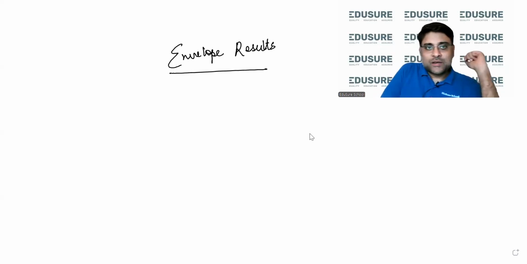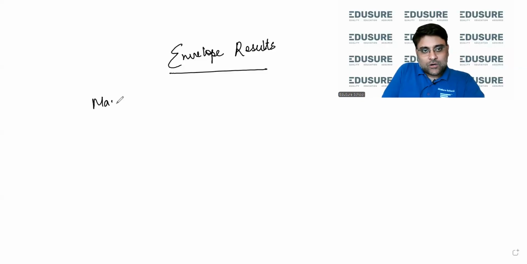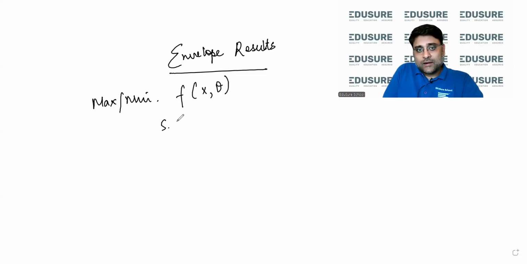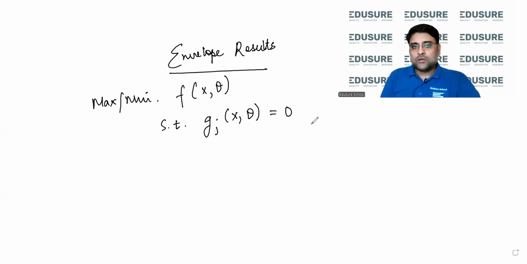So, for example, if we have the example of maximizing or minimizing an f having x, which is a variable, and a parameter theta, which is constant. And there are basically multiple constraints.